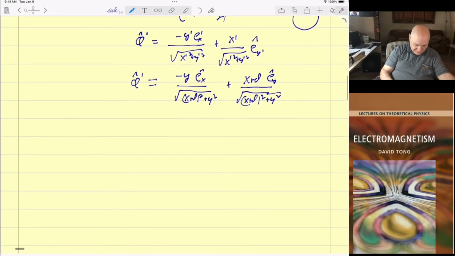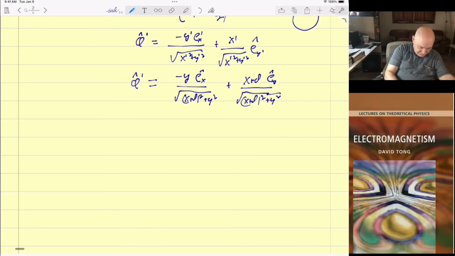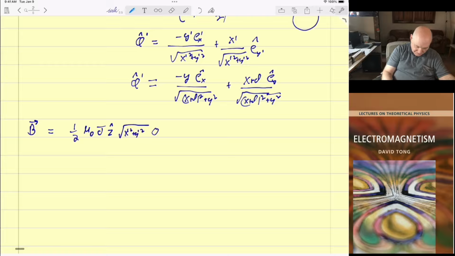Okay, so now we can do the actual calculation. The magnetic field B is equal to 1/2 mu 0 times J. We're going to do the outer cylinder first. J is in the upward direction, times r, and r for the outer cylinder is the square root of x prime squared plus y prime squared, times phi hat prime, minus, for the inner cylinder, 1/2 mu 0.